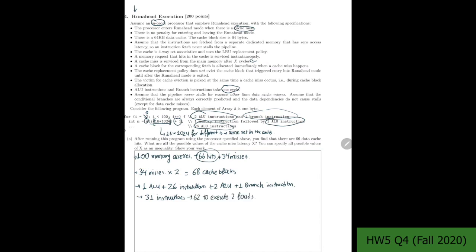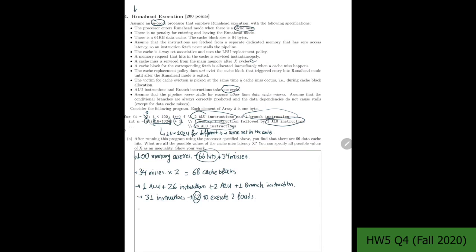So the processor needs to have at least 62 cycles. So the initial memory latency of the cache miss that triggered Runahead needs to be at least 62 cycles to be serviced, so that Runahead mode has time to go in and prefetch.